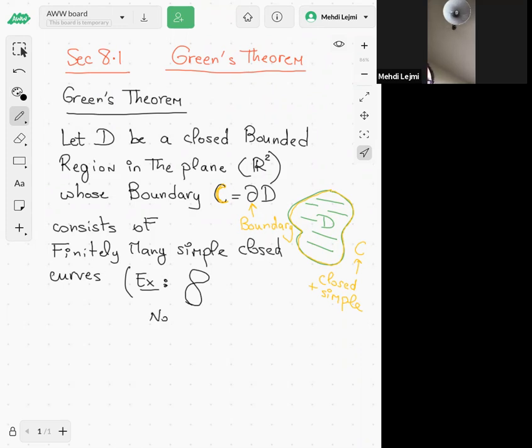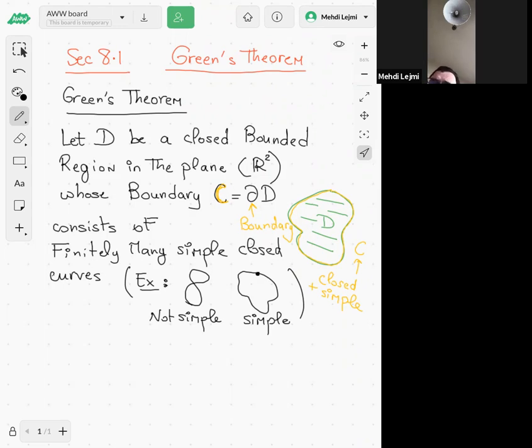A simple closed curve has no self-intersection except, of course, the terminal and the initial point. So this point here would be the initial and the terminal point of the curve. Both are closed, right? But the first one is not simple. The second one is simple. Anyway, that's the boundary of your region D.